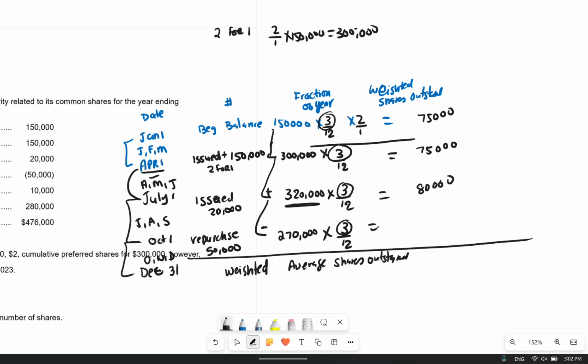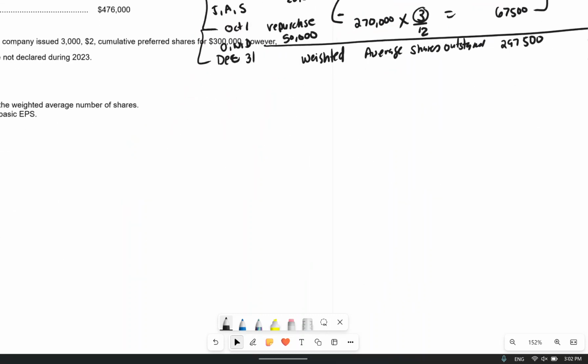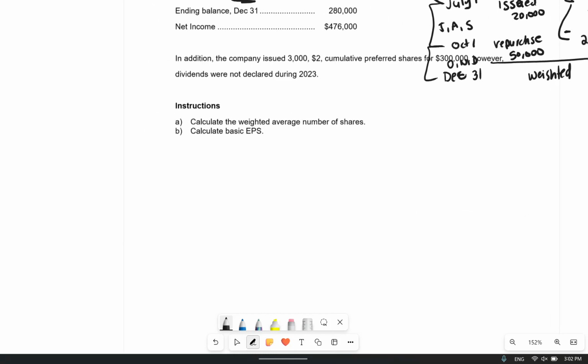Then 270,000 multiplied by 3 over 12 will give me 67,500. I add all the numbers and I get the answer 297,500.